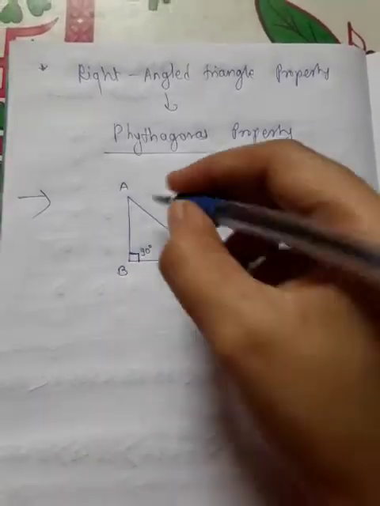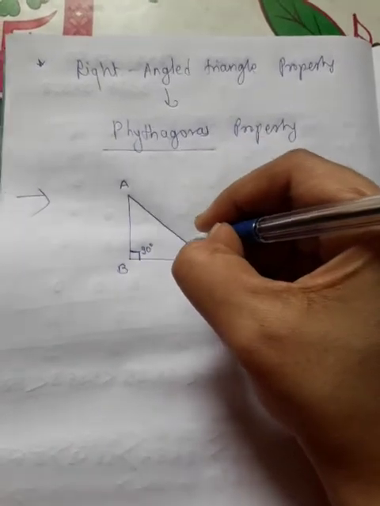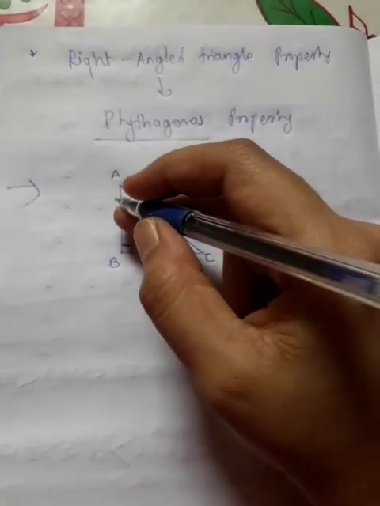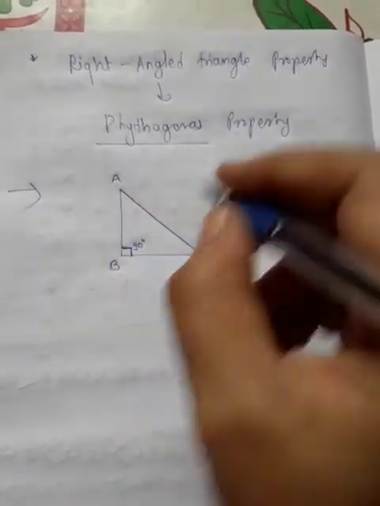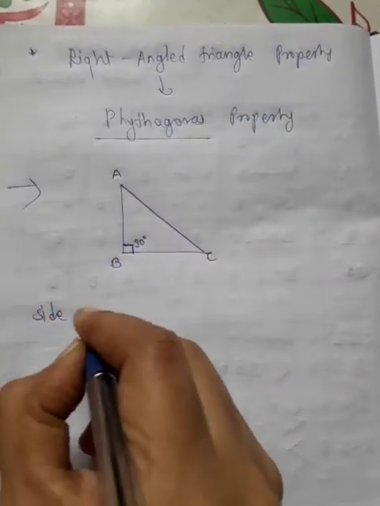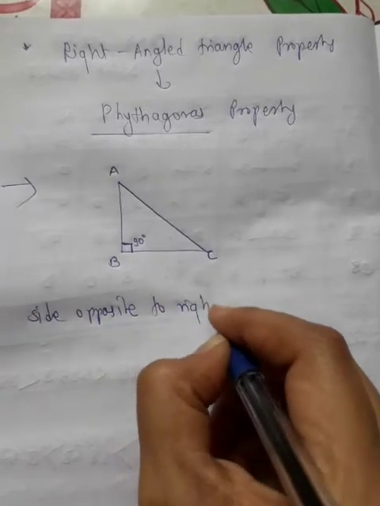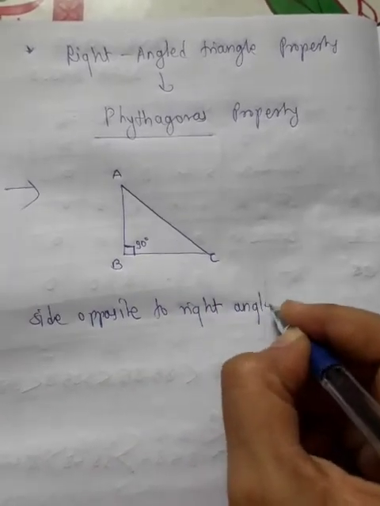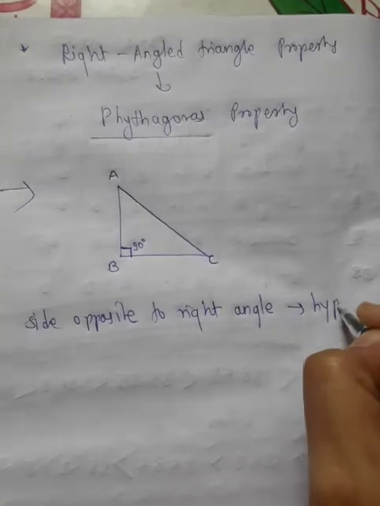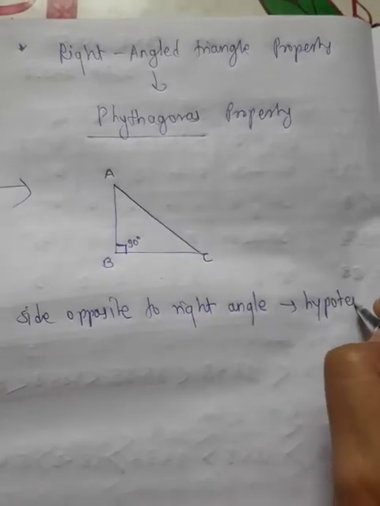See, the side opposite to the right angle is called the hypotenuse.